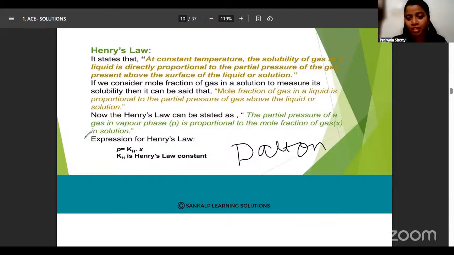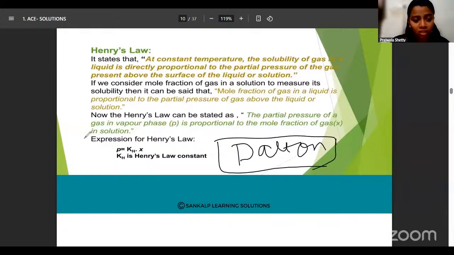I'm giving his name, Dalton. This Dalton added some extra layer on top of Henry's law. What was that? He defined it in terms of mole fraction. In terms of mole fraction, he defined the solubility of a gas in a liquid.